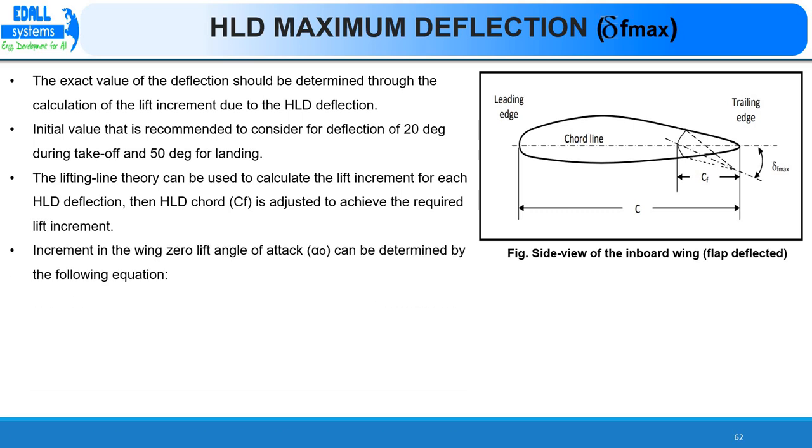In wing, zero lift angle of attack, alpha naught, is determined by delta alpha naught equals minus 1.15 times Cf divided by C into delta F, where Cf by C is high lift device chord and delta F is high lift device deflection.